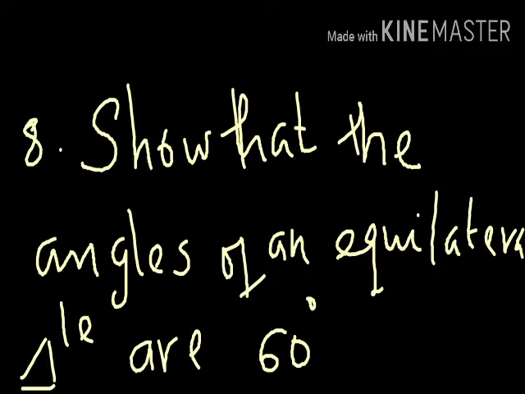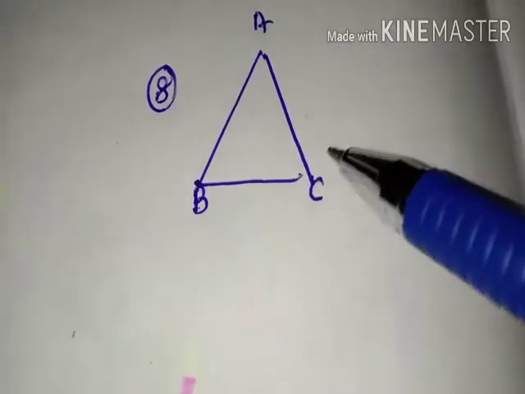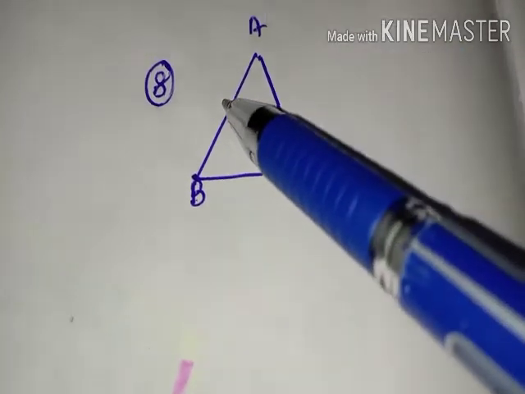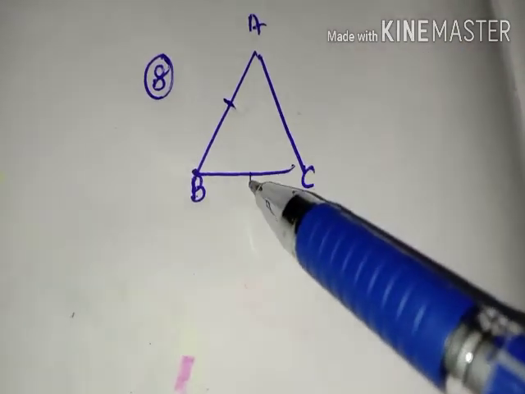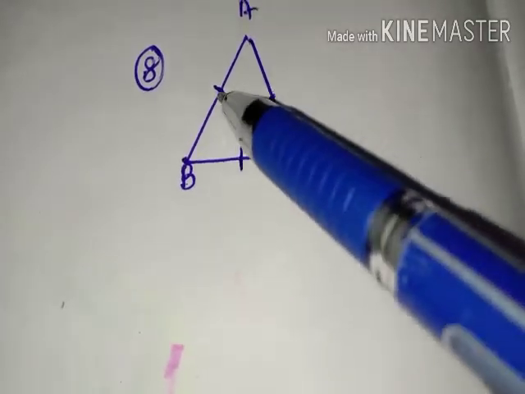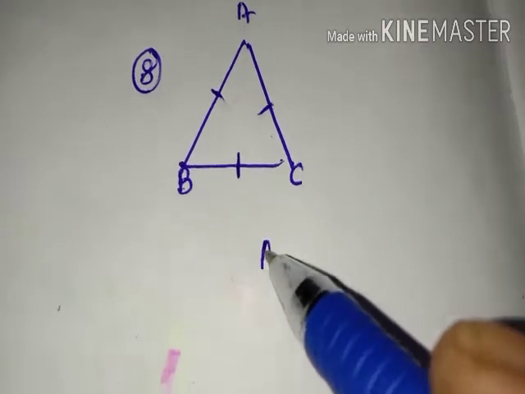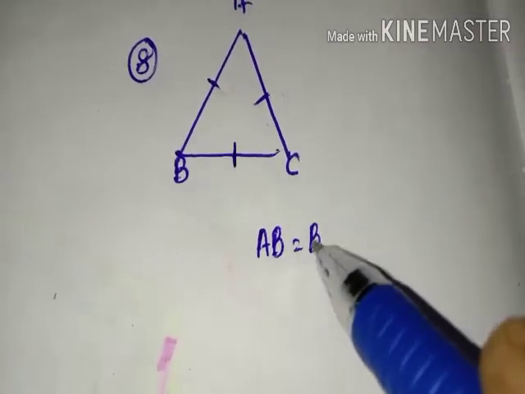Now last question, show that the angles of an equilateral triangle are 60 degree. See, triangle ABC. ABC is an equilateral triangle. Equilateral triangle means all the three sides are equal. So here we are going to take any two sides and apply the theorem, apply the result. Okay.